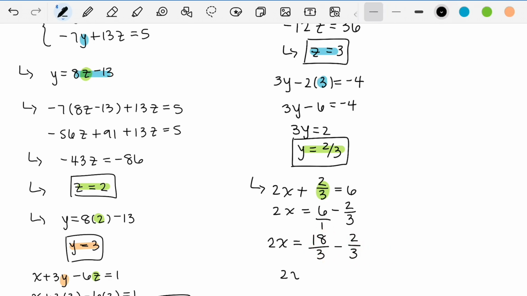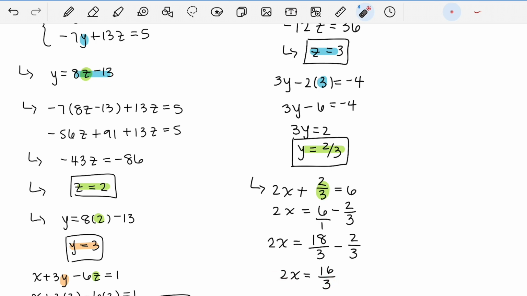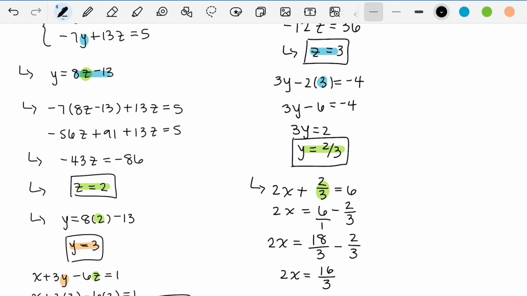I'm going to get 2x is equal to 16 over 3, and then finally getting x by itself. If I were to divide by 2 on both sides, that's the same as multiplying by 1/2. So I can multiply by 1/2 on both sides to get x by itself. Doing so, x is going to give me 8/3 here.